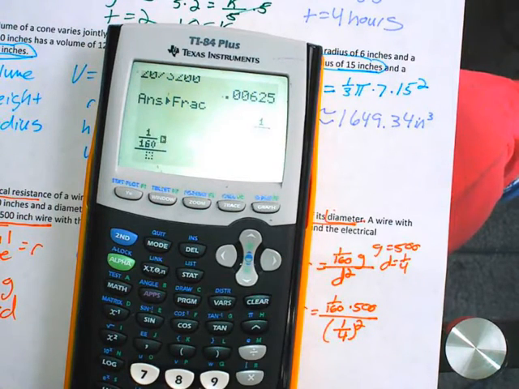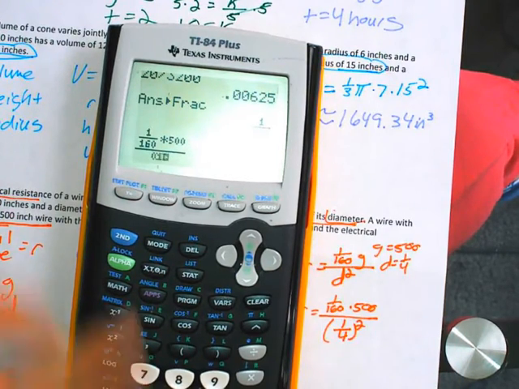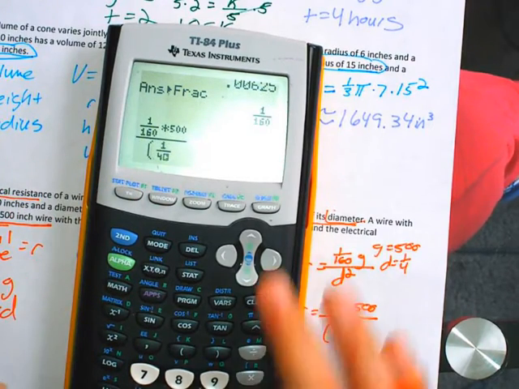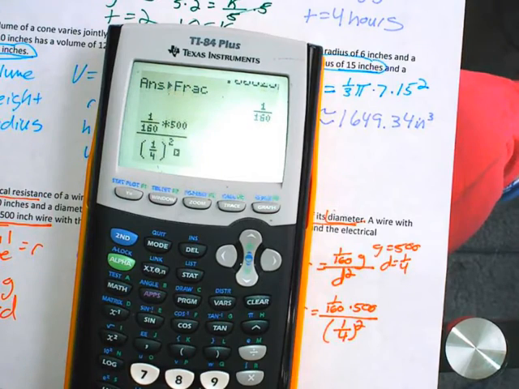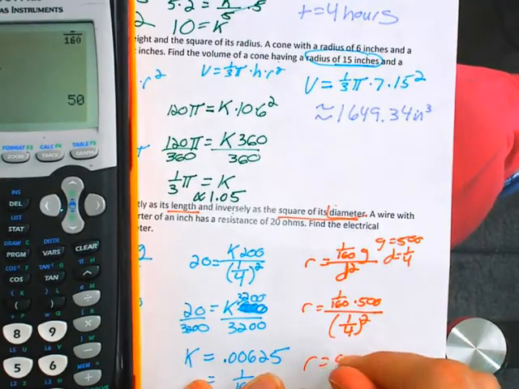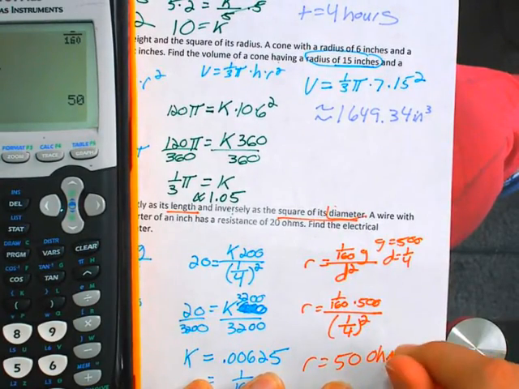Arrow over because that's times 500. And then on the bottom I have 1 divided by 4, and that whole thing is squared. So that's going to give me the resistance equals 50 ohms.